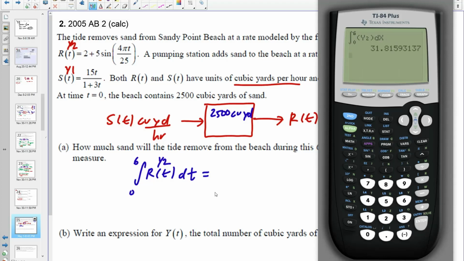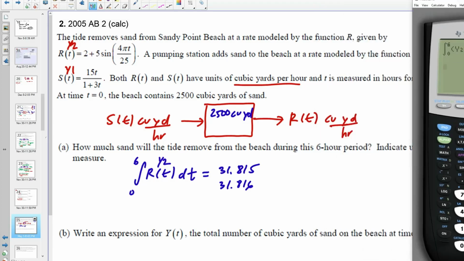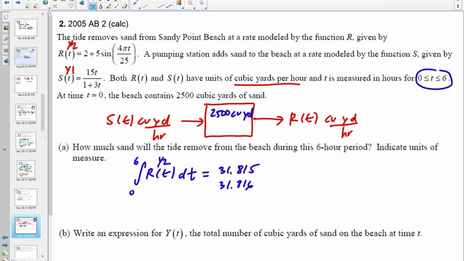And I get 31.815 if I truncate, 31.816 if I round correctly. And do I need to talk about the units? I do. So if I integrate a rate, I get an amount of change. So if this is cubic yards per hour, and I multiply by hour, I'm going to get cubic yards. It's the amount of sand.